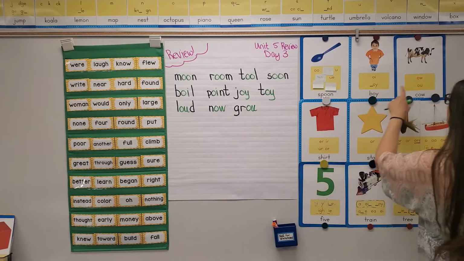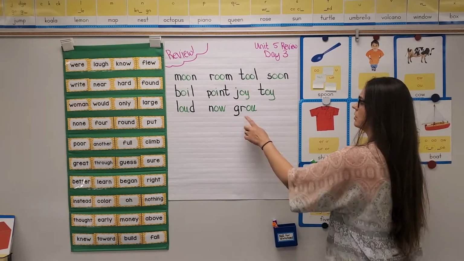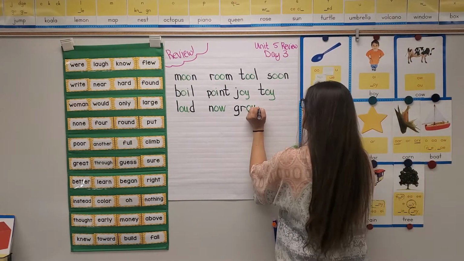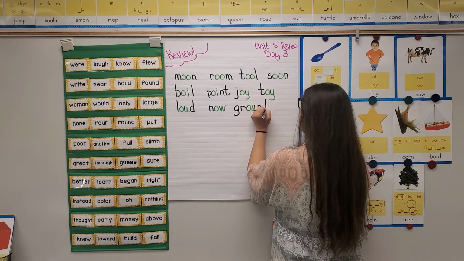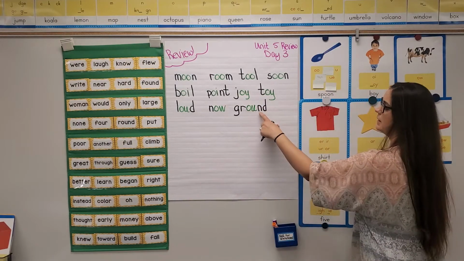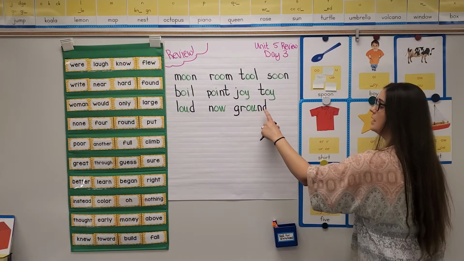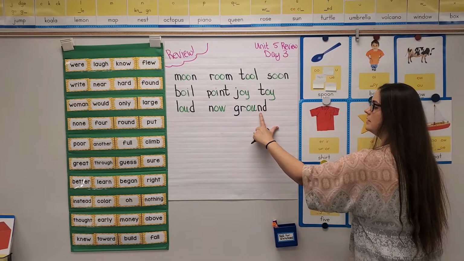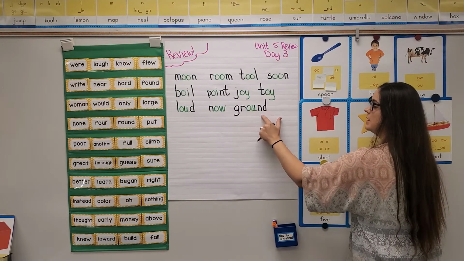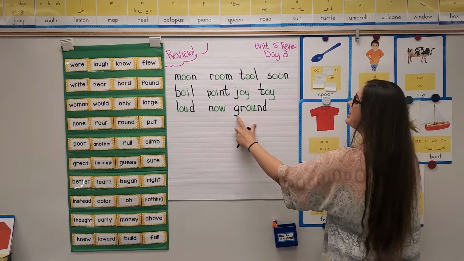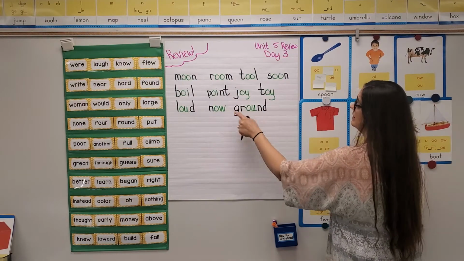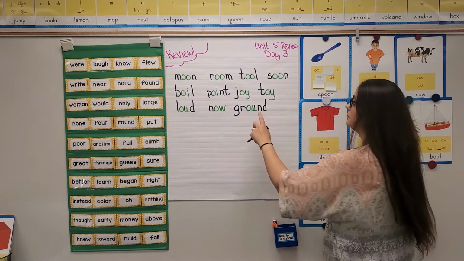And O-U. Ow. Gur, ow. Then we have an ending blend. N-D. N says n, D says da. Da. Let's blend the whole word. Gur. Ow. Ground. Your turn.